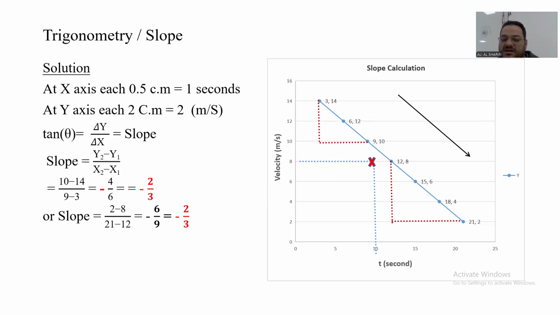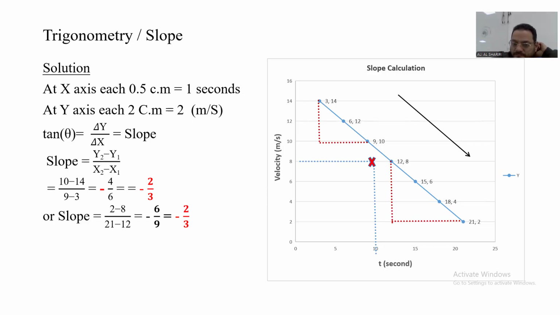It should be second, not seconds. You can say 1 centimeter equals 2 seconds, or use another form. It's up to you. But the most important thing is that what you write should be the same when you plot your curve, okay? Because I will check them. Here, each half centimeter equals 1 second.